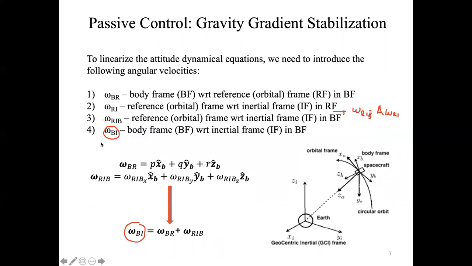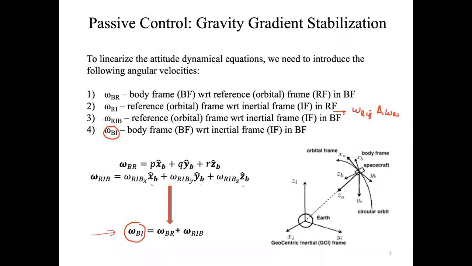We have to be careful about that because in order to determine this omega bi, we are expressing both spin rates in the body reference frame. That's the reason why you see here the elements xb, yb, and zb that are the vectors of the reference frame of the spacecraft, which is reported here.